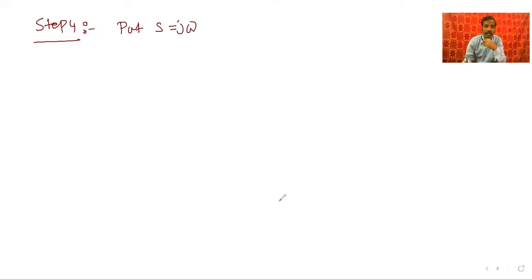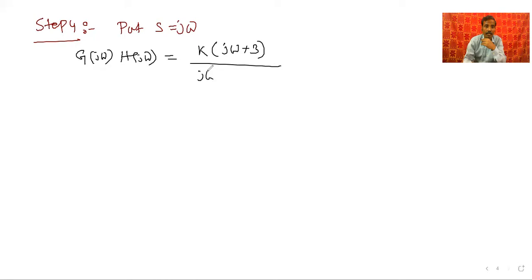In this case, the open loop transfer function G(j omega)H(j omega) equals K into (s plus 3), that means (j omega plus 3), divided by j omega (j omega minus 1).